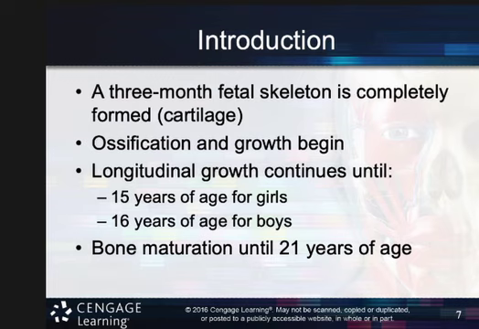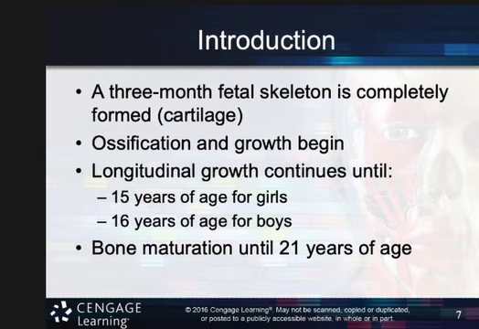Longitudinal bone growth continues till the end of puberty, which is around 15 for girls and 16 for boys. And bones mature until about 21 years of age. And after that point, we actually begin to lose bone mass, okay, all the way until we die.